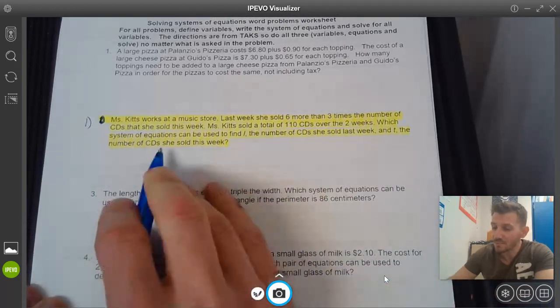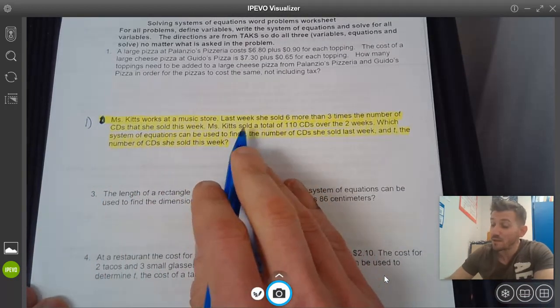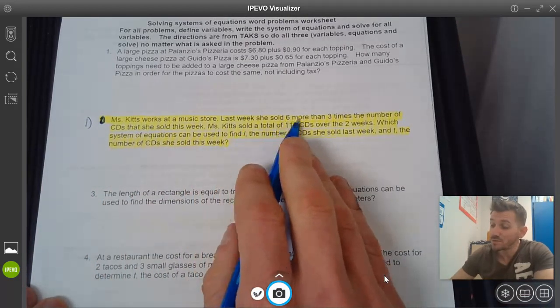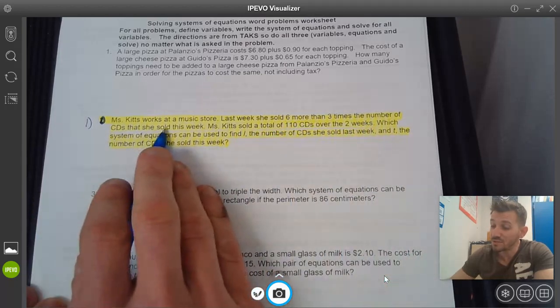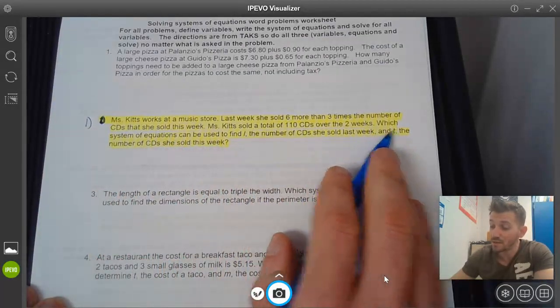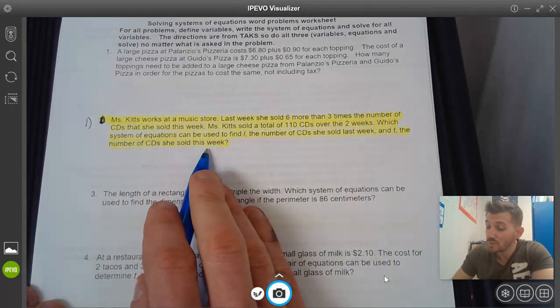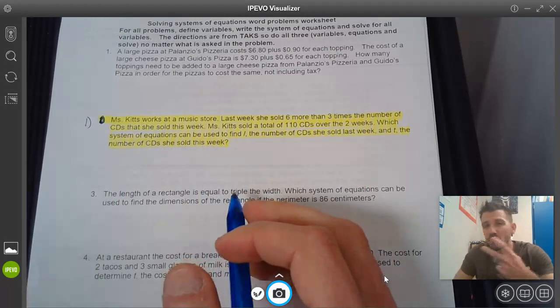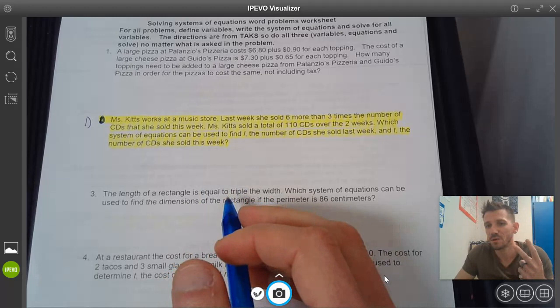So Miss Kit works in a music store. The last week she sold six more than three times the number of CDs she sold this week. And I'm not going to read this all to you. But the first thing you need to do is figure out what are the two things that they are comparing.